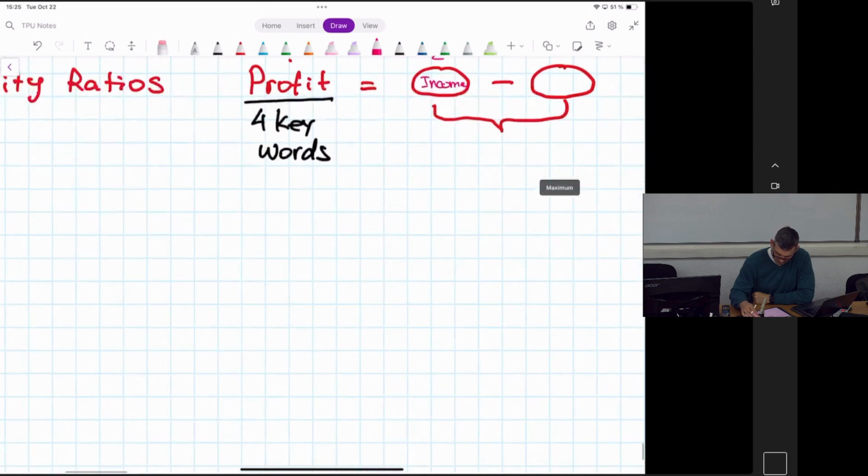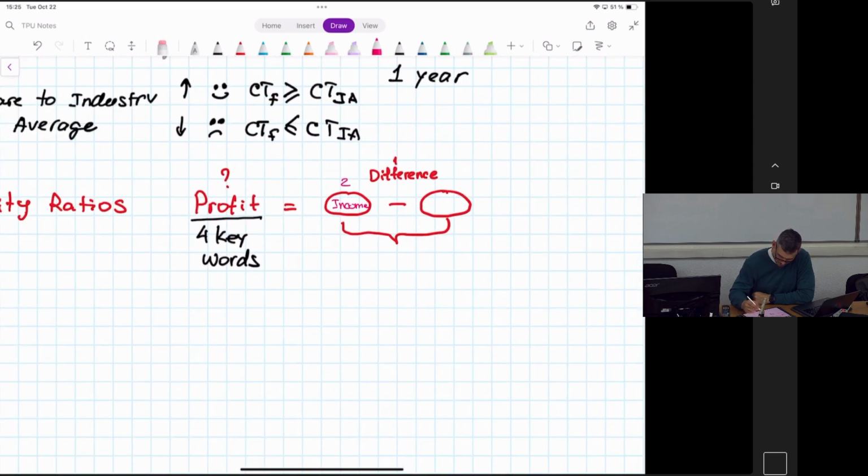The second word is income. The third word will be expenses. So it's the difference between income and expenses. And the fourth word will be down below, and this will be over a certain period of time.